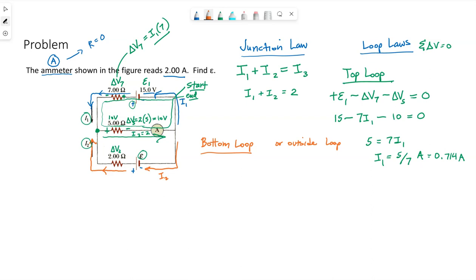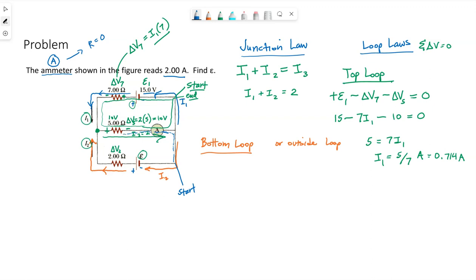The bottom loop is maybe a tiny bit simpler, I guess. Bottom loop. We're looking at delta V's. We have to start and end at the same location. Let's go ahead and go up again first. So my path that I'm taking to finish my loop.